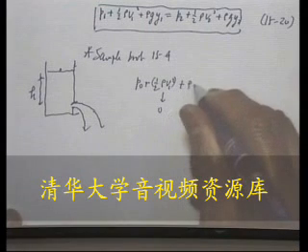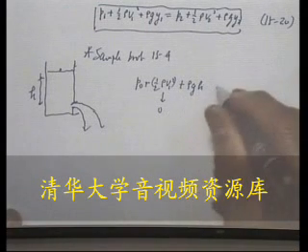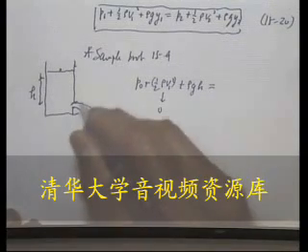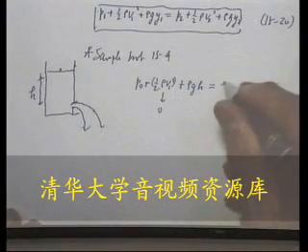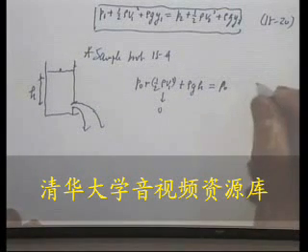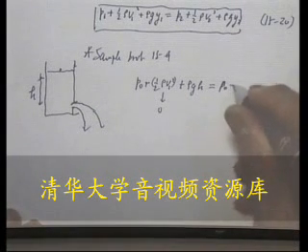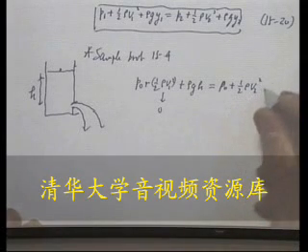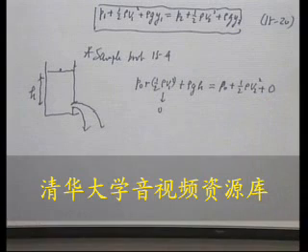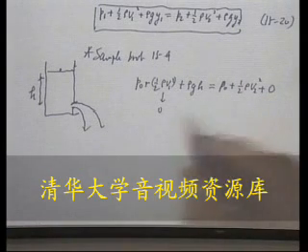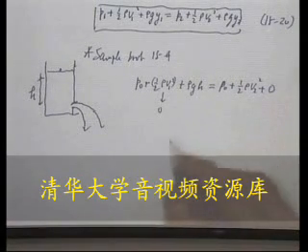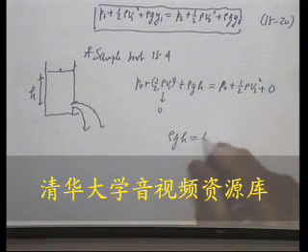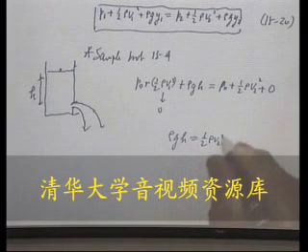Plus rho g h is equal to the pressure at this point, p0, again atmospheric pressure, plus 1/2 rho v2 squared plus 0. Since p0 cancels p0, we get rho gh is equal to 1/2 rho v2 squared.